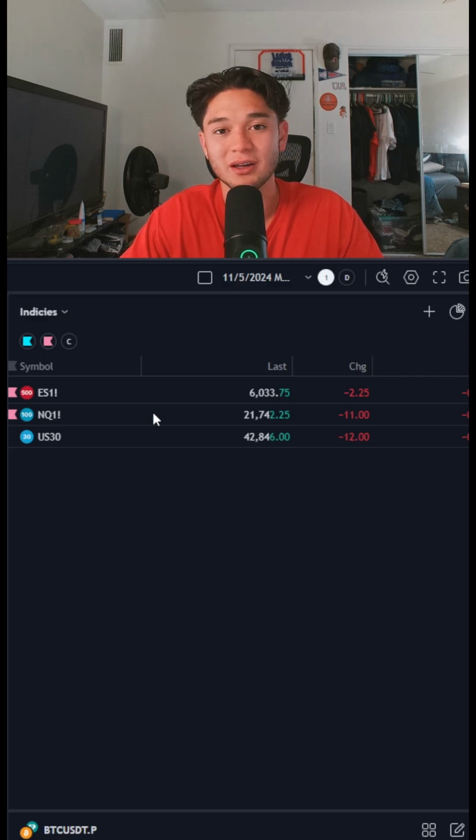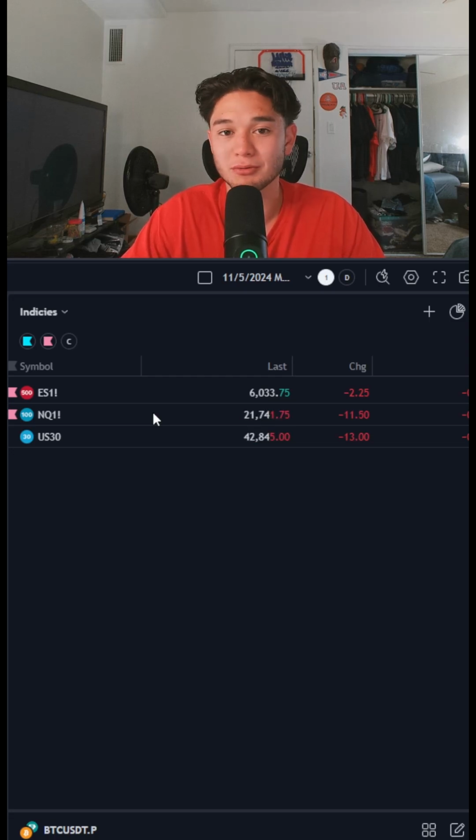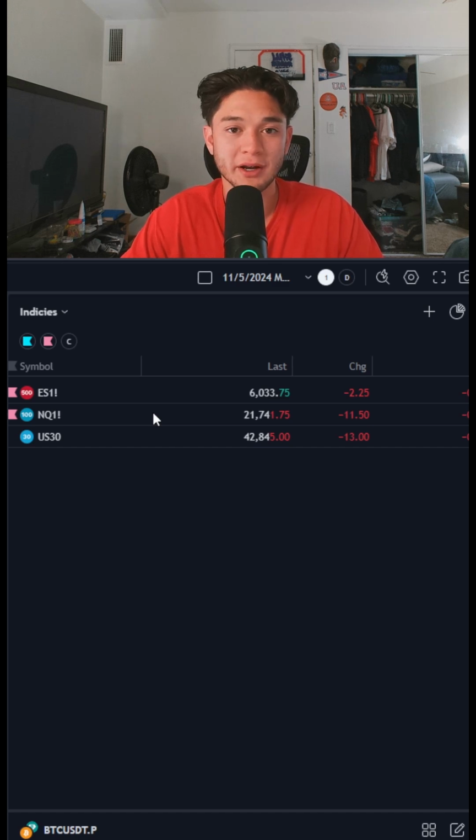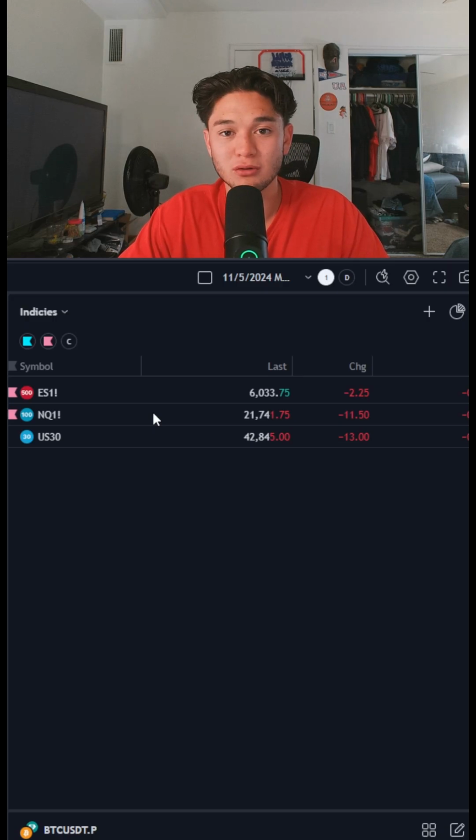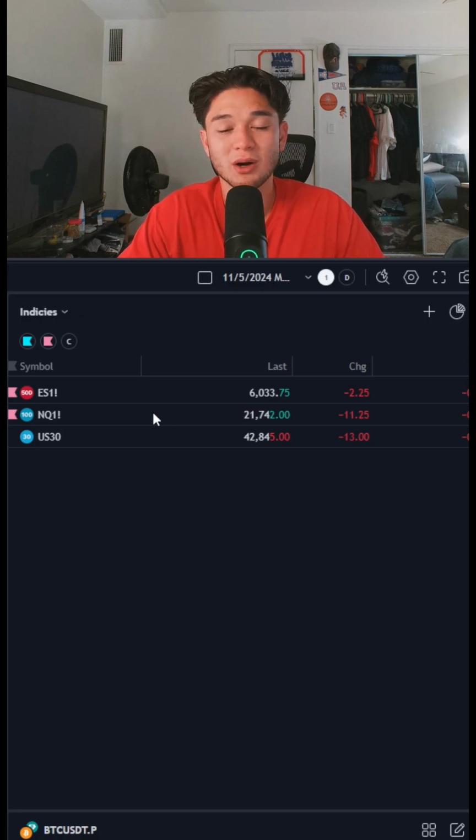Don't decide right away, but eventually you want to stick to 1 to 2 pairs only. You don't want to be day trading multiple pairs, because you need to learn how 1 to 2 pairs move, and then stick to those pairs throughout your whole trading career. It's about learning how they move and then inserting yourself into the market when you know you have a profitable edge in the market.